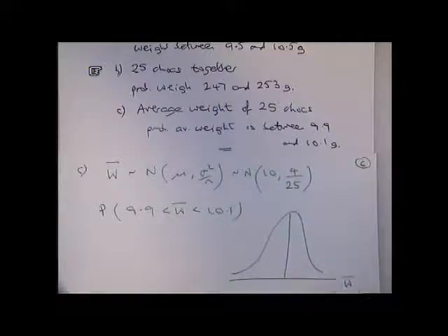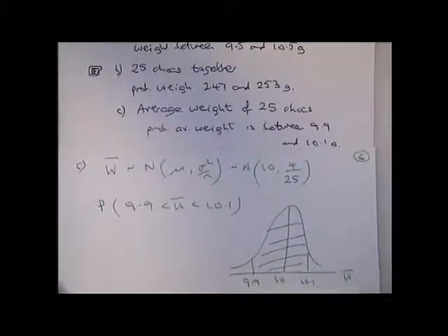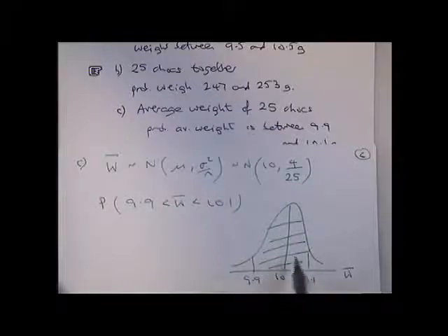This is now W bar. I'm looking at the mean and the values, and again I want the shaded bit. You can do it as we've done before, or different ways if you want to. We'll meet up again in a minute and see if we all have the same answer.